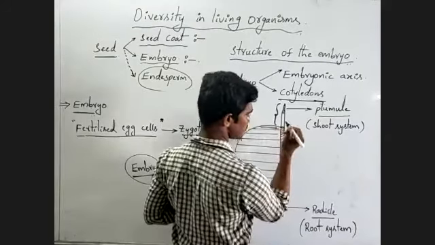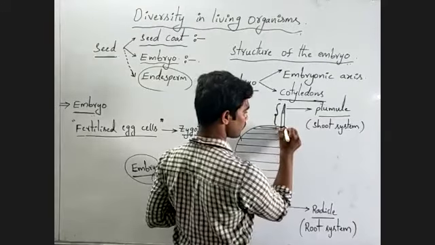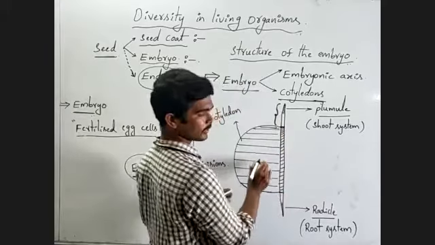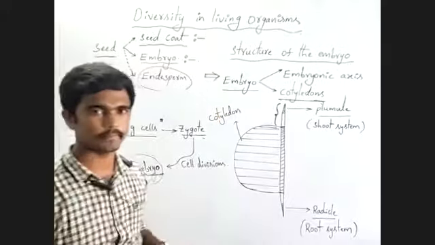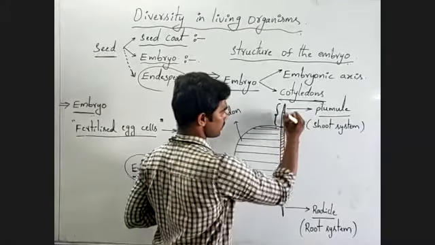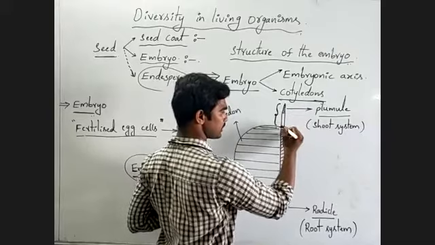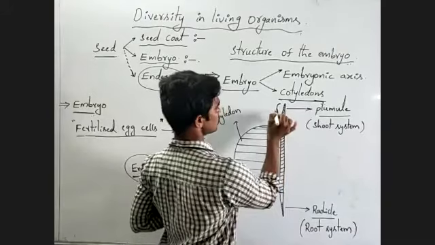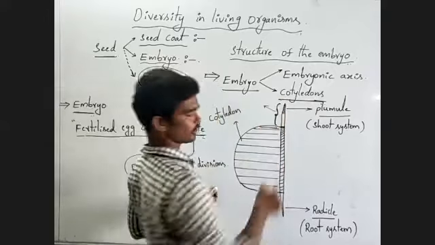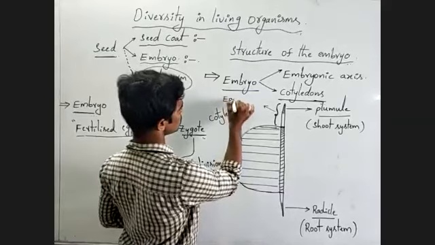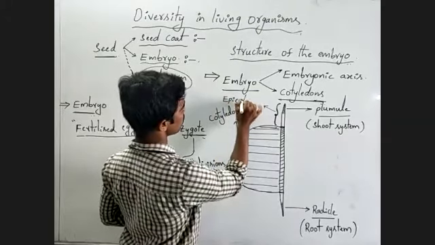This small region of the embryonic axis that is present above the attachment of the cotyledon, this region is called epicotyl.